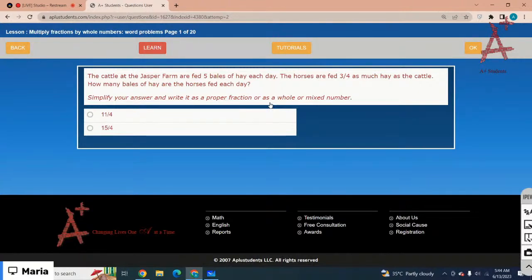The horses are fed 3/4 as much hay as the cattle. How many bales of hay are the horses fed each day? So which is the correct option? You have to do 5 times 3/4.